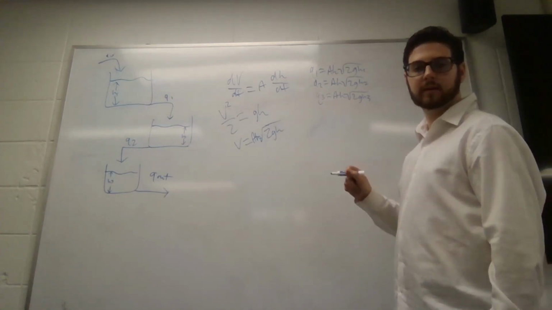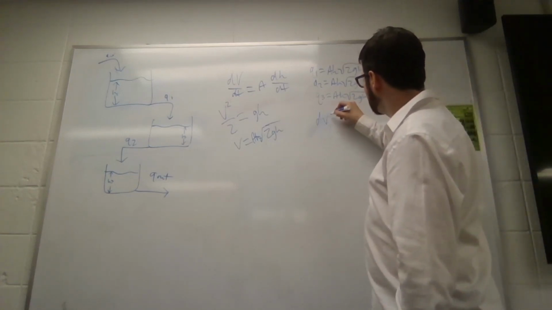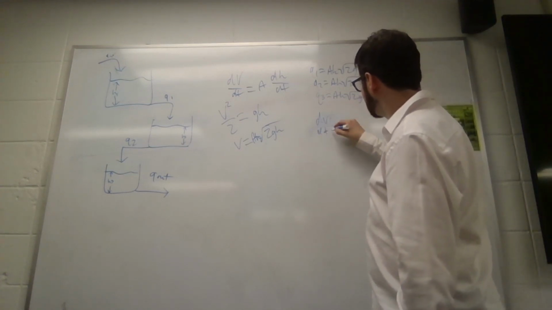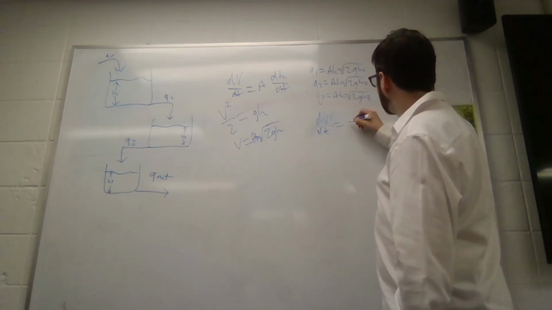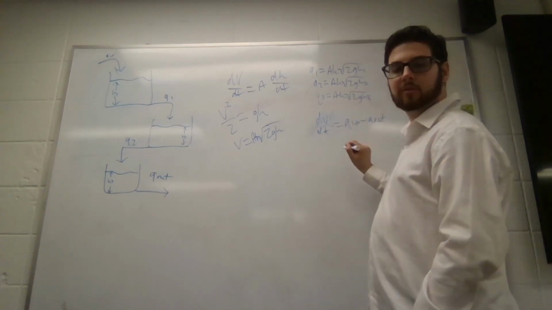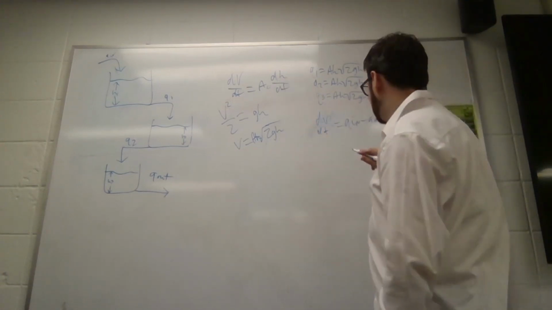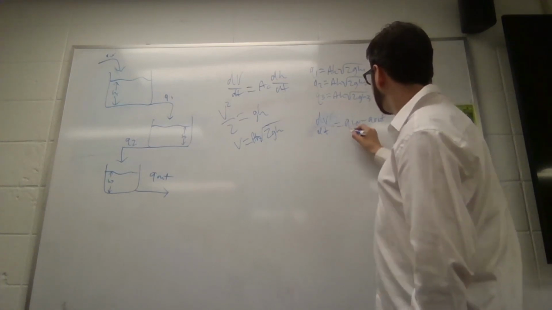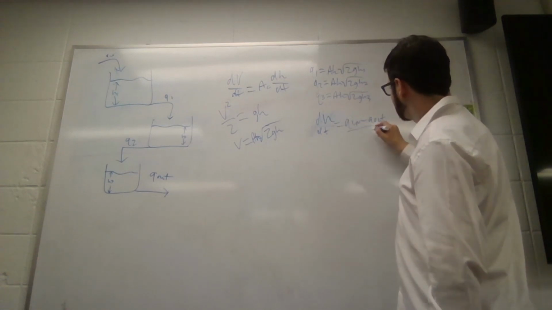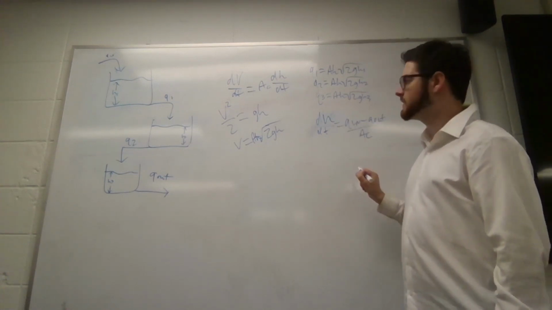All right, so we want to get the mass balances out of the way. So we know that dV over dt is equal to Q in minus Q out. So for the first tank, we're going to want to pull out the AC term and put that under here. So we have dH over dt is equal to Q in minus Q out over AC. And that's going to be the basis for all three of these tanks.